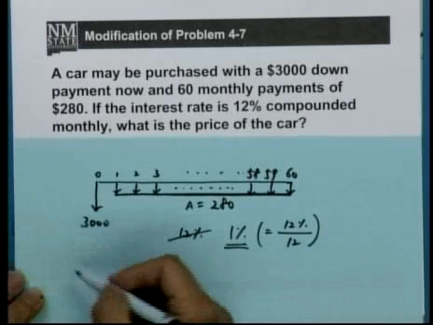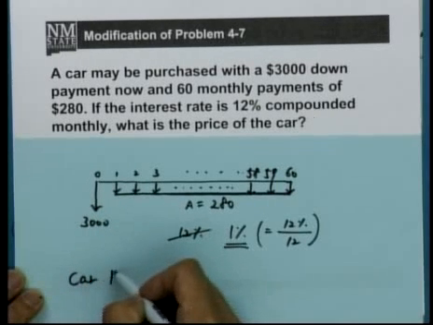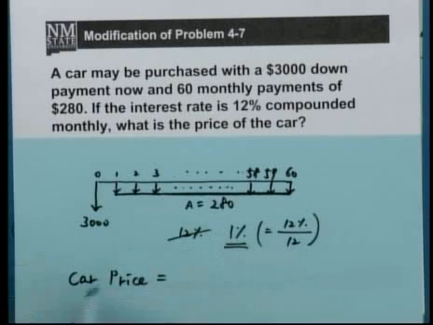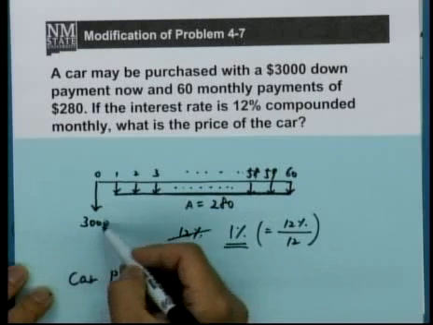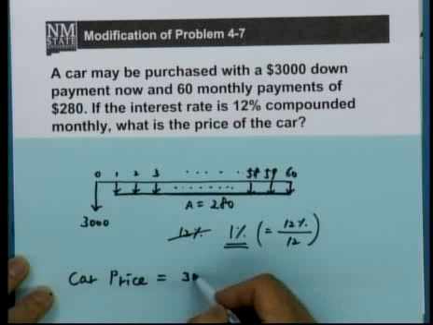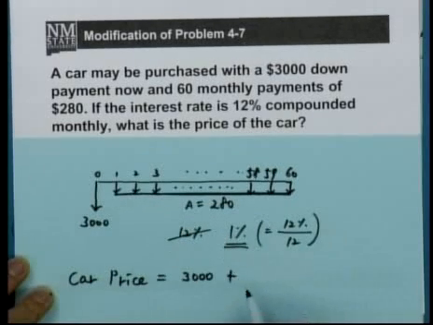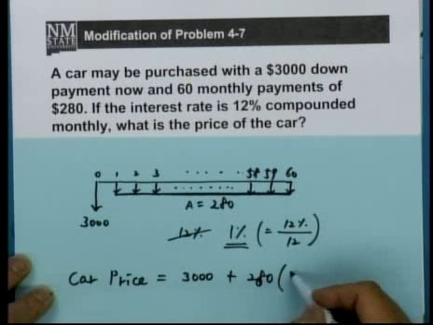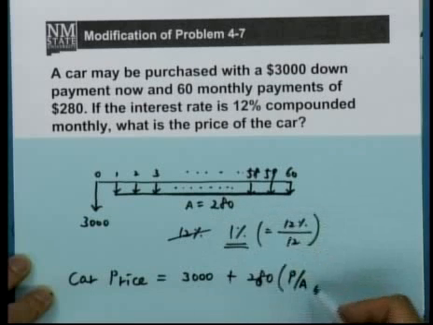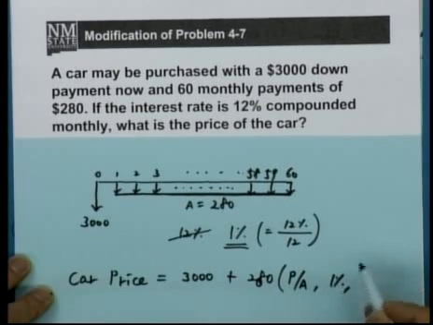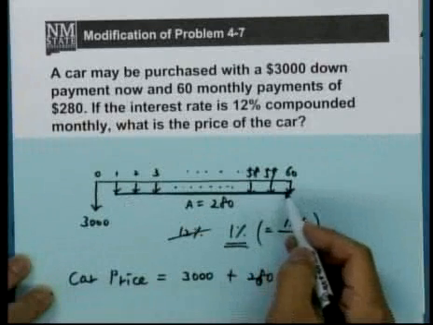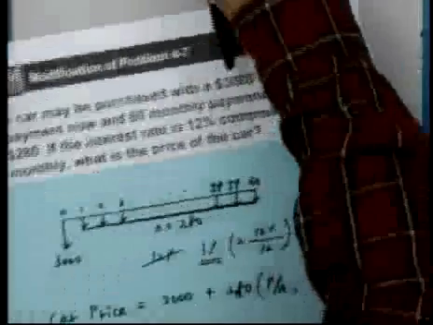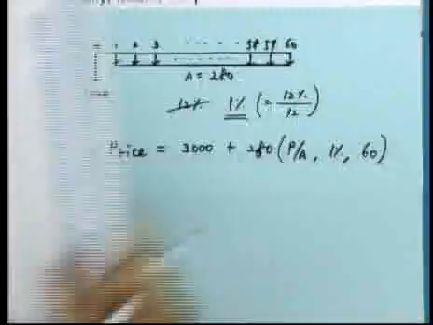Okay. So how do you get the car price? $3,000 plus monthly payment of $280 times P given A, 1% over the next 60 months. So how do you get this value?